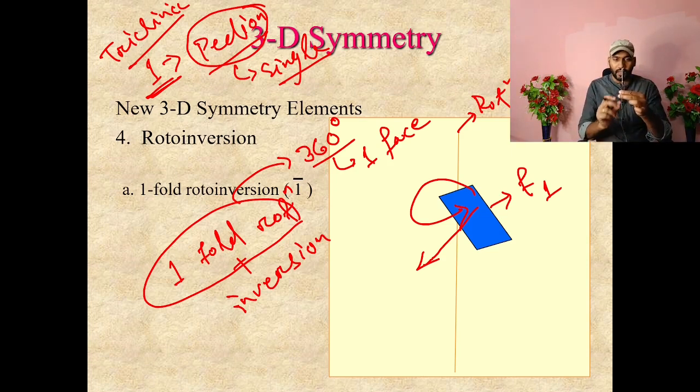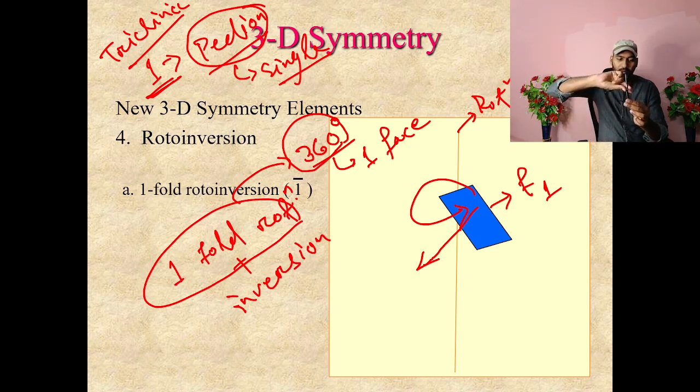Now I am rotating it. This is rotation. We have to rotate 360 degree, because it is one fold rotation. From the original position we will start and rotate 360 degree. That means we will come back to the same position and then we will invert. This is how we will invert, through the center.